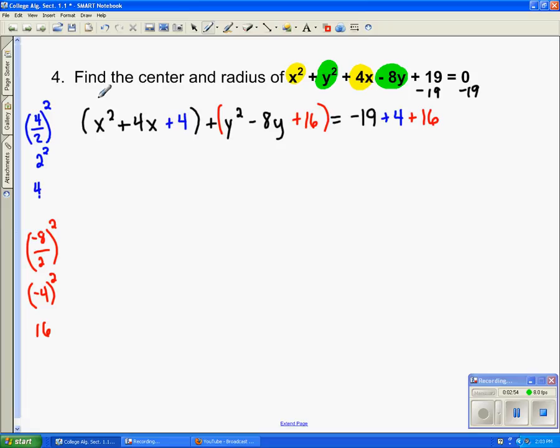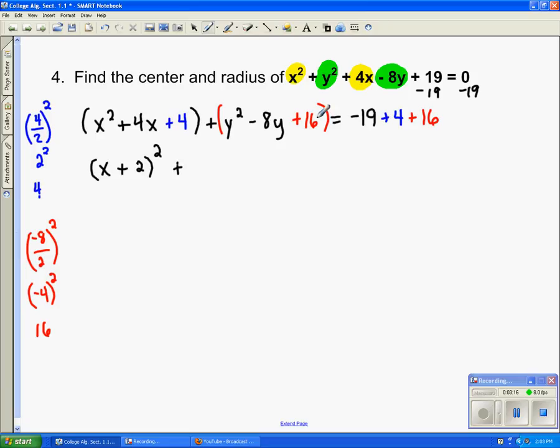Now we are going to factor. I can use the rooftop method, or I can use the shortcut. The shortcut says use the variable of the first term, the sign of the middle term, and the square root of the last one. The square root of 4 is 2. Put that in parentheses and square it.